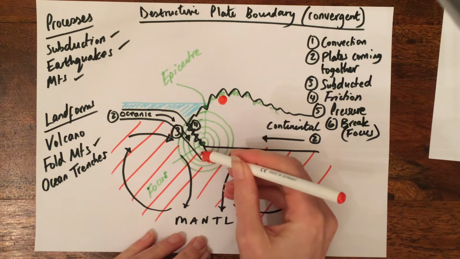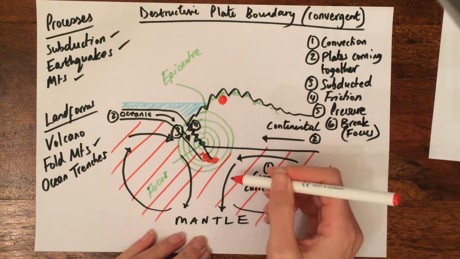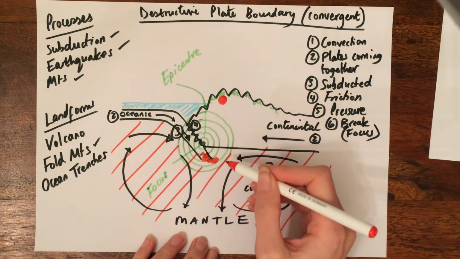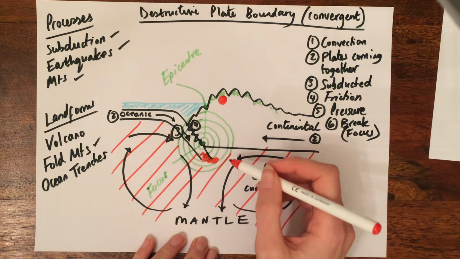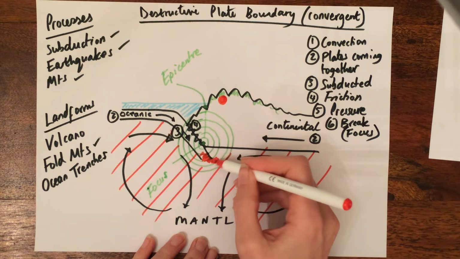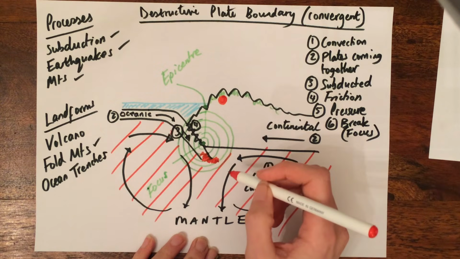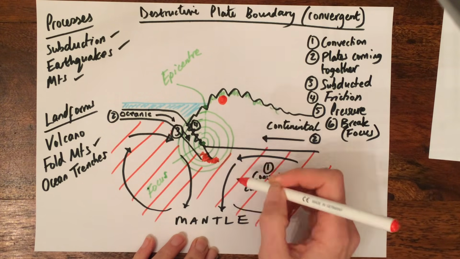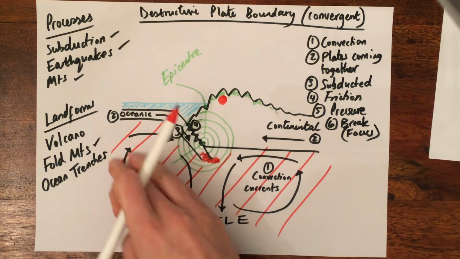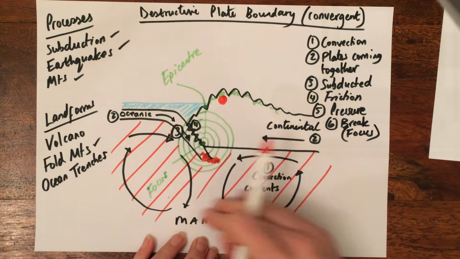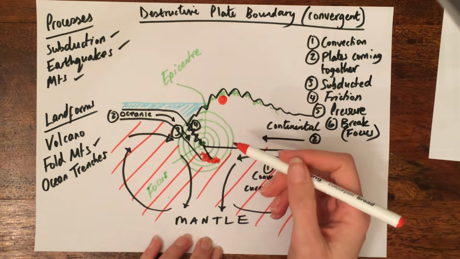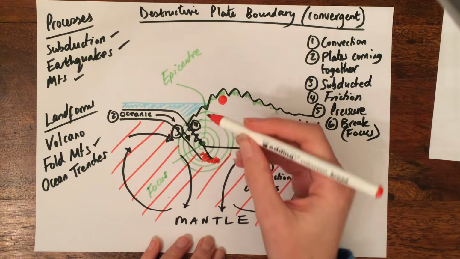So this rock here is melting in the mantle because it's hot, and it turns back into liquid rock, which is magma. This newly created magma is less dense. That means it's not as heavy. It's less dense because it's new, whereas the old magma in the mantle here is denser, so it's a bit heavier.